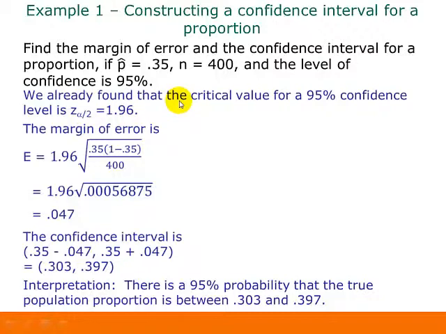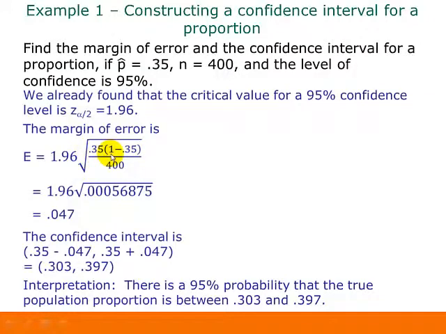When we're working with confidence intervals for proportions, these values won't change. But once you have found a critical value for a specific confidence level, you can use that from then on.